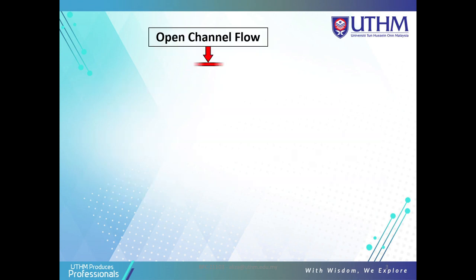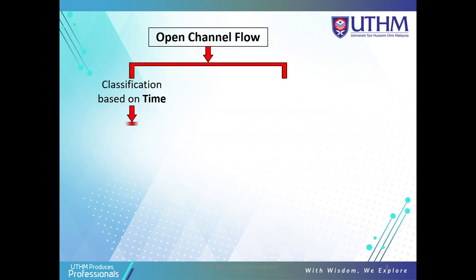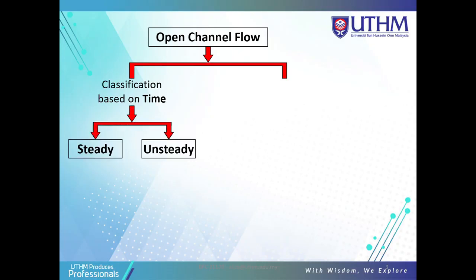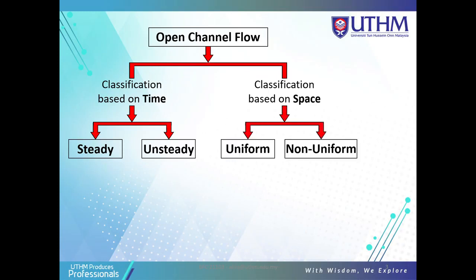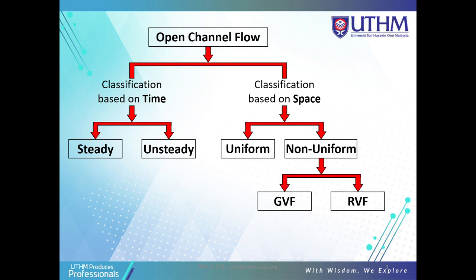In open channel flow, there is classification based on space: uniform and non-uniform flow, and classification based on time: steady and unsteady flow. For non-uniform flow, we use GVF and RVF, rapidly varied flow.